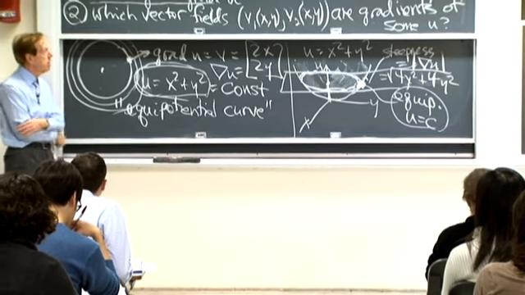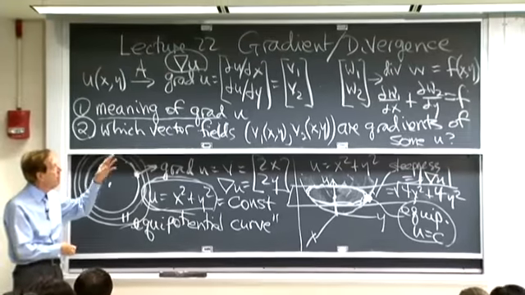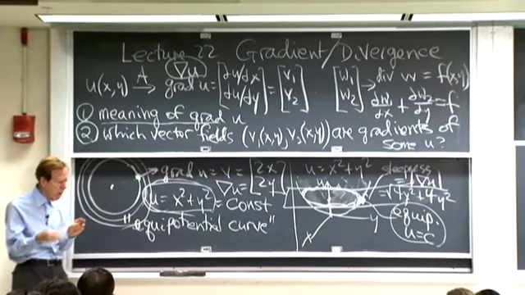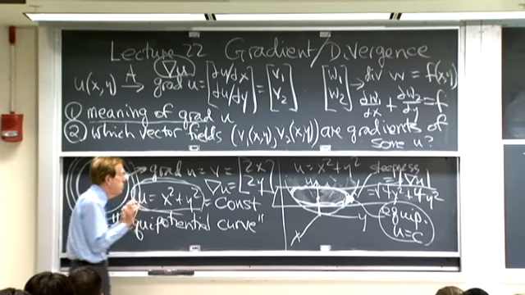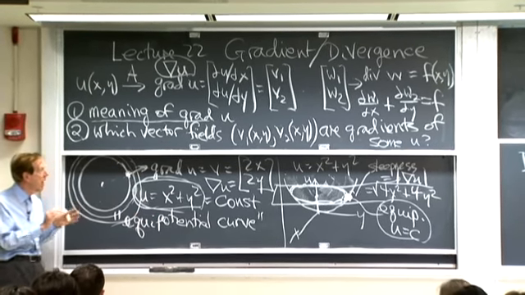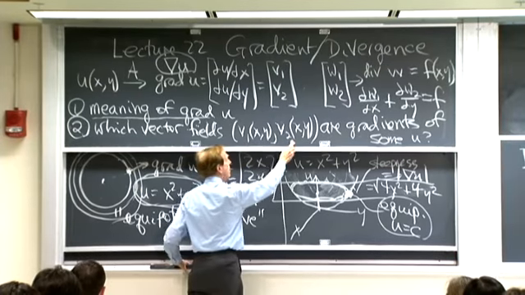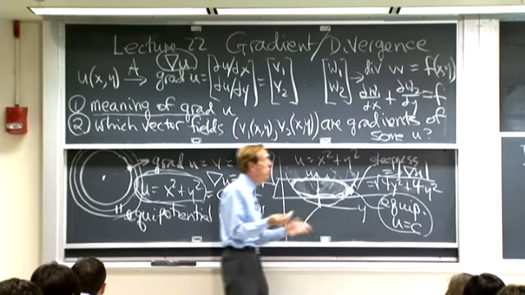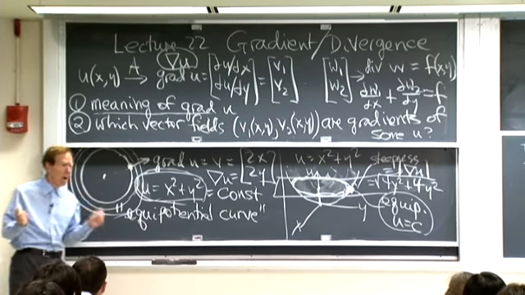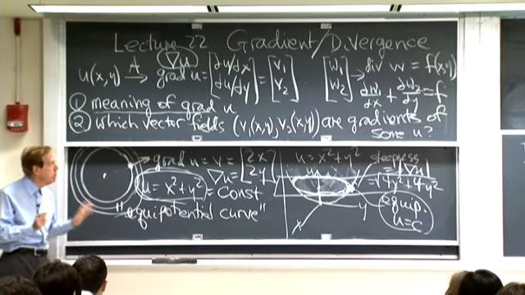Now, backwards. Suppose I have v, because these gradient fields are extremely important. They're wonderful fields. If you've got a v1 and a v2 that is the gradient of some u, that's good news.